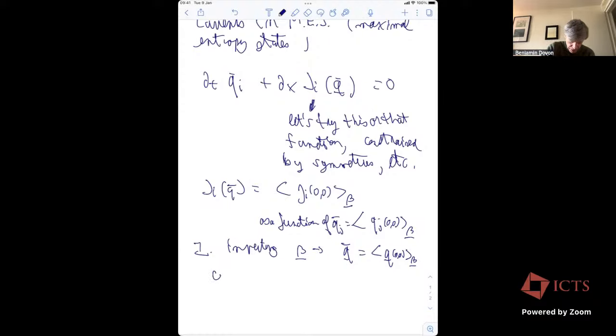That is, can we always write the beta_i's as functions of the average Q's?